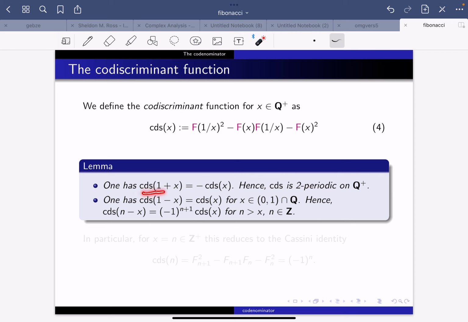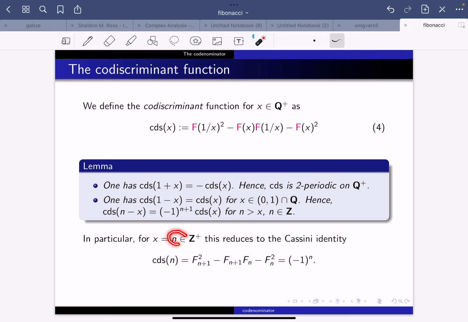So codiscriminant of 1 plus x equals minus codiscriminant of x. And the codiscriminant of 1 minus x equals codiscriminant of x. So this is also a nice function with integral values on positive rationals. And this periodicity here is equivalent to the Cassini identity, in fact.